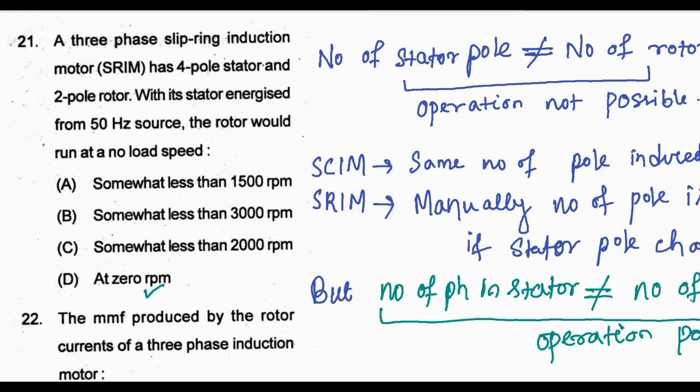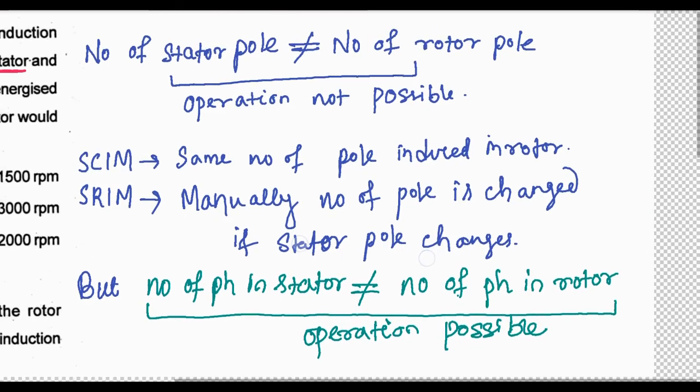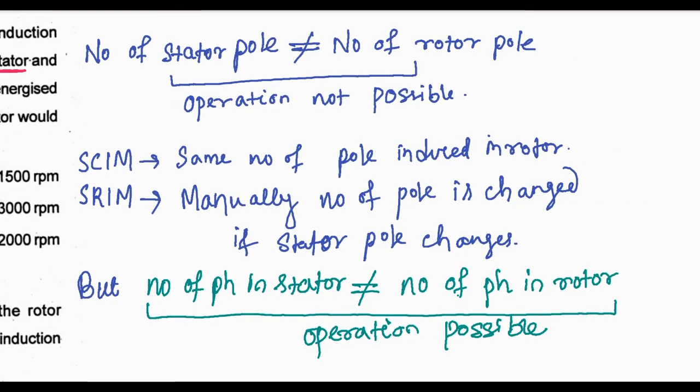So here the main thing given is 4-pole stator and 2-pole rotor. That means the number of stator poles and rotor poles are different, so operation is not possible. So this will be at 0 RPM. We can add here that for a squirrel cage induction motor, the same number of poles is induced in the rotor.